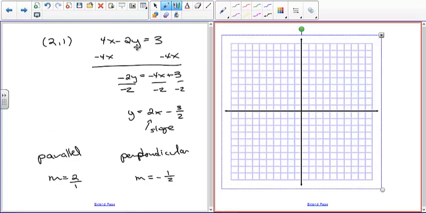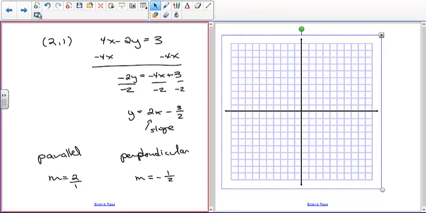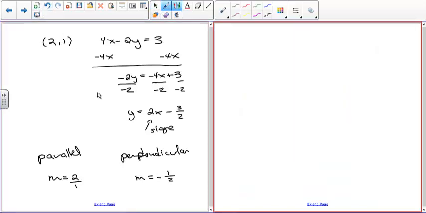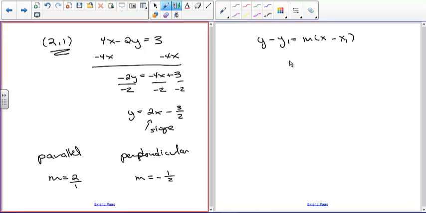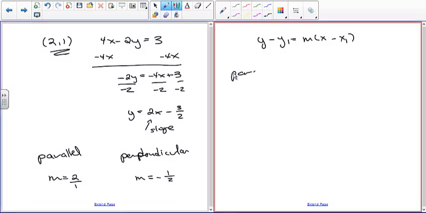So now we just continue on as we did before. Use the slope, point slope form, linear equation. So you've got the point right here, 2, 1, and the slope. So the parallel line is going to be equal to y minus x1, y1.